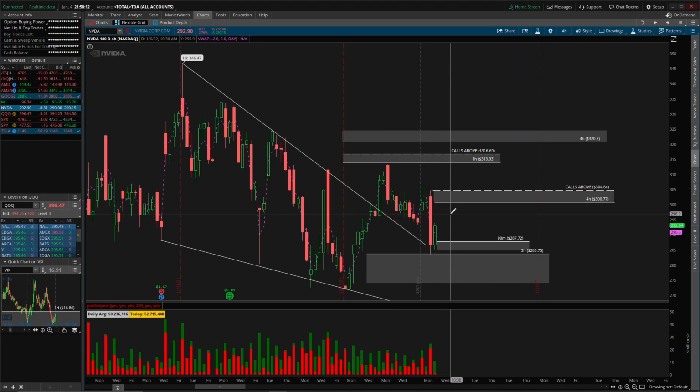So let's just go ahead and get started with trying to define what a supply or demand zone is. So basically, supply and demand zones are regions in a chart where they often come to fruition after there's a large period of accumulation followed by a rally to either the upside or the downside.